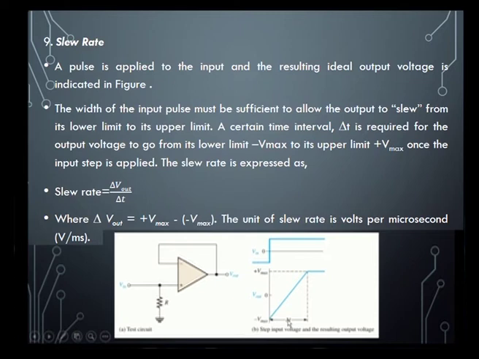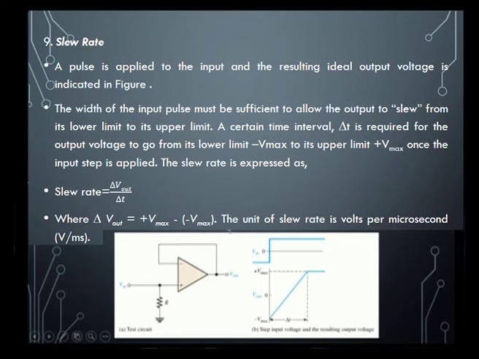Once the input step is applied, the slew rate can be expressed like this. Slew rate is equal to delta V out divided by delta t. This is the time required for an op amp to go from minus V max to plus V max, where delta V out is plus V max minus minus V max.